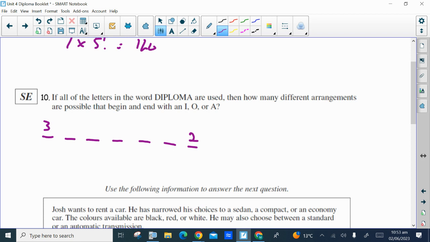There are 5 letters left. They're all different. So there'd be 5 factorial ways of arranging those. So basically it's 5 factorial times 3 times 2, or 5 factorial times 6, which is the same as 6 factorial. The answer is 720.